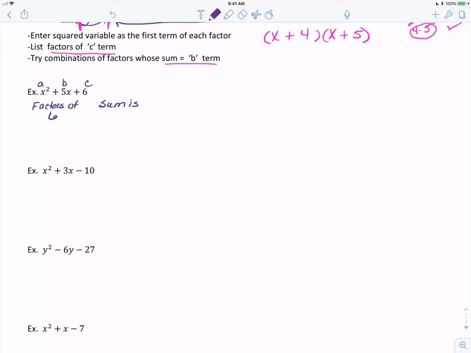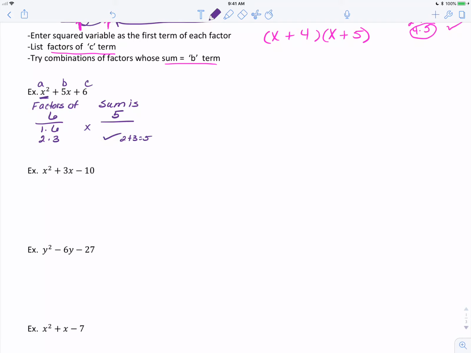Hold on, I tried to write a B. Okay, so let's list them out. 1 times 6. Well, that doesn't add up to be 5. 2 times 3. Well, yes, that one adds up because 2 plus 3 is equal to 5.